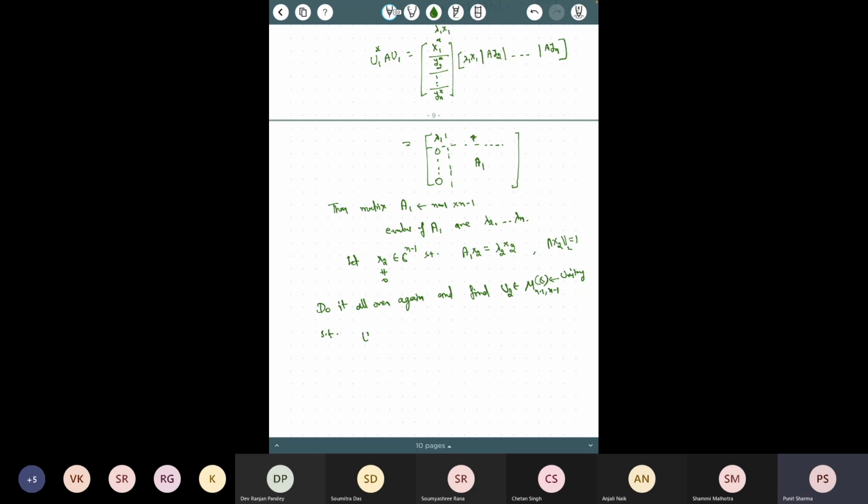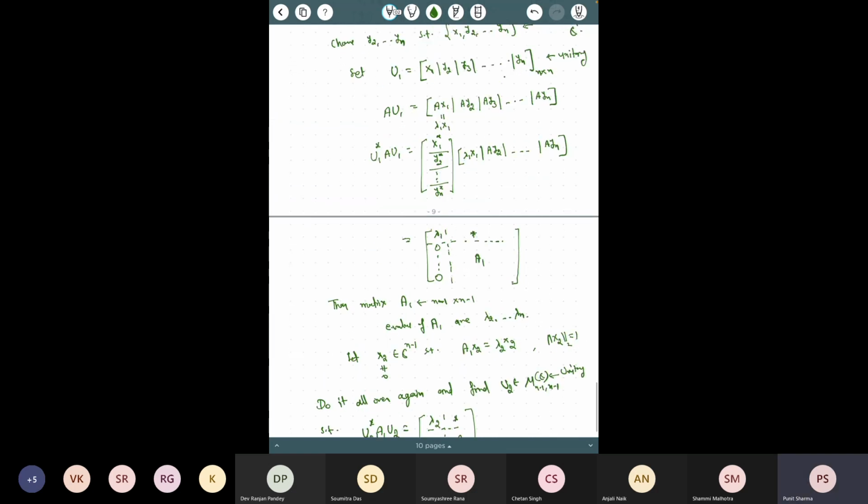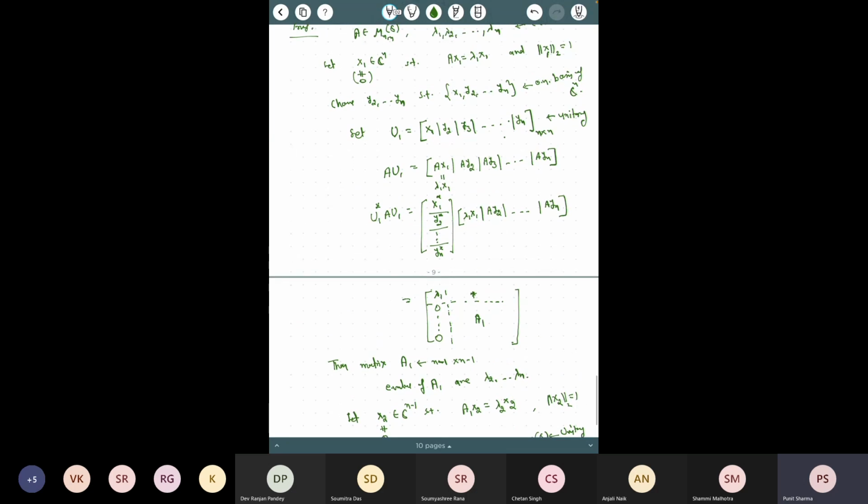U2 star A1 U2 is of the form lambda 2, star, 0, and then there would be a matrix A2 of size n minus 2 cross n minus 2. Right? But our aim is to convert matrix A into an upper triangular form.